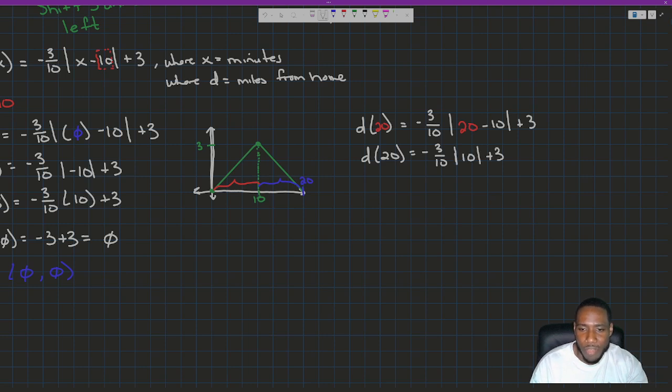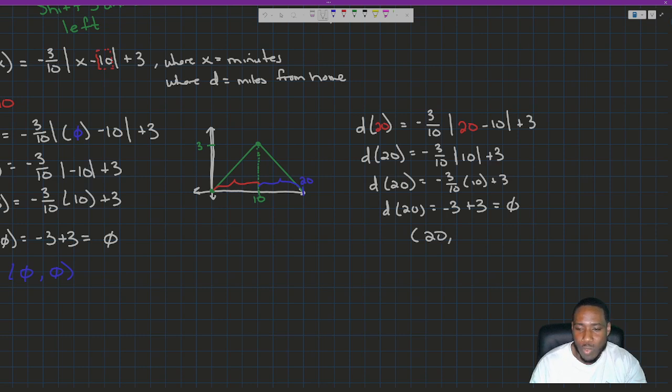And we're going to consider the definition of absolute value here. The absolute value of 10 is 10. So again, we can just go ahead and make it a 10. Negative 3 over 10 times 10 is going to give us negative 3, which again, plus 3 gets us 0. So if we plug in 20 to this equation, we still get 0, which shows us, yeah, that is a sensible place to call the end of our domain. At 20 minutes, we're back at home.